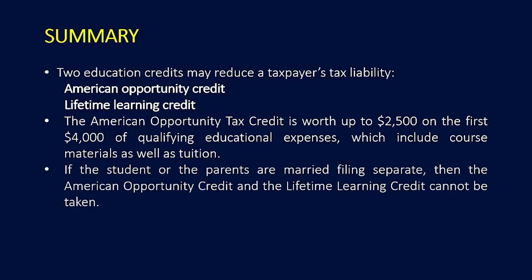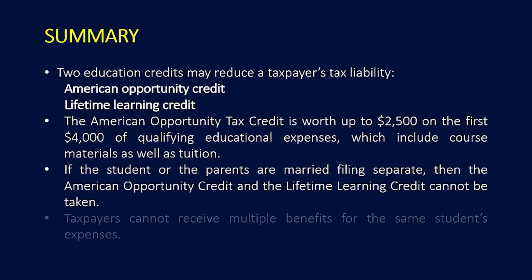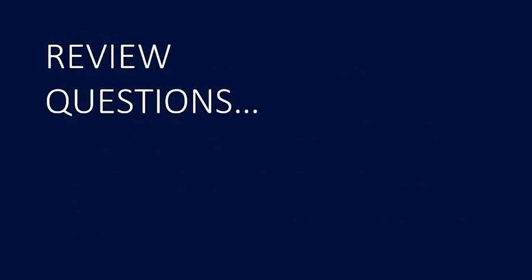If the student or the parents are married filing separate, then the American Opportunity Credit and the Lifetime Learning Credit cannot be taken. Taxpayers cannot receive multiple benefits for the same student's expenses. Now let's take on some review questions.